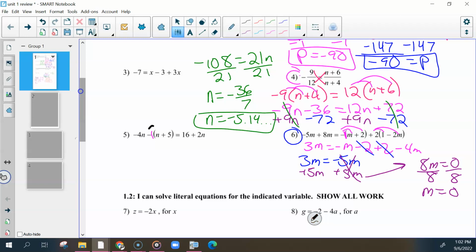Nope, so you're taking -1, multiplying it to the n, and then multiplying it to the 5. So this would become -1n or -n, however you want to write that, and then -5. And then you go from there. I understand. Any other questions?